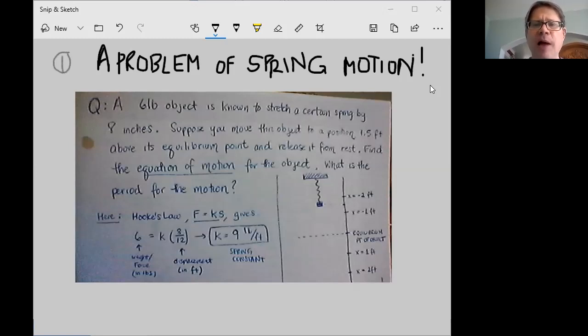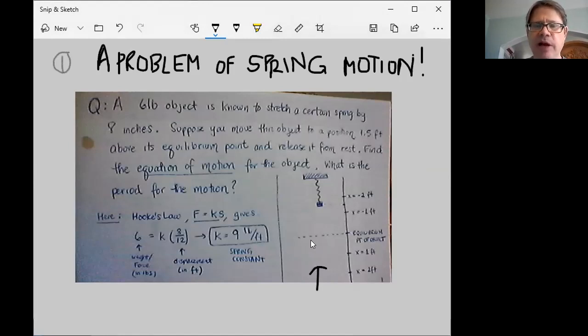To understand this problem, we first have to have some common understanding about what our variables are and what our frame of reference is. Over here on the right-hand side of the screen, we have a diagram of the spring and the object that's attached to it.